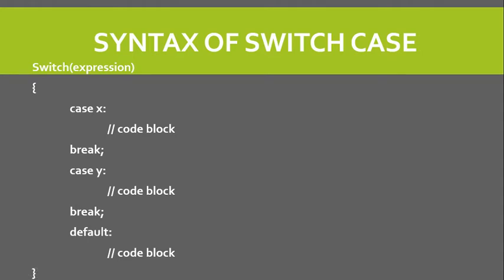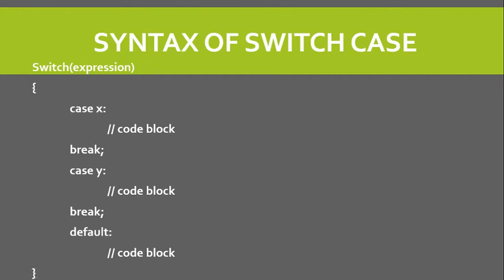Then again break. Then at the end you have to write the default statement. If no case matches, then it will execute the last statement, that is your default code block. Then the curly bracket completes. So this is the syntax of switch case.